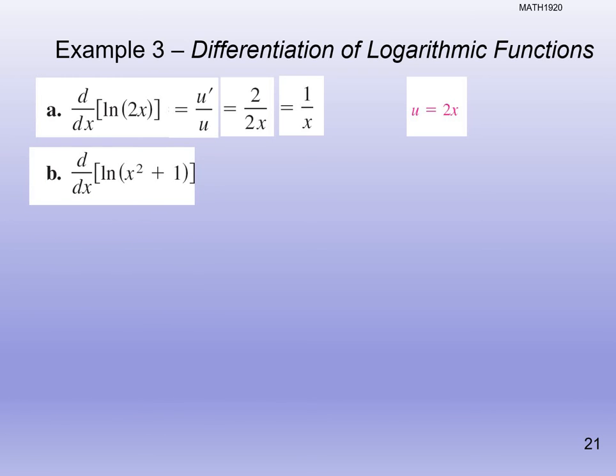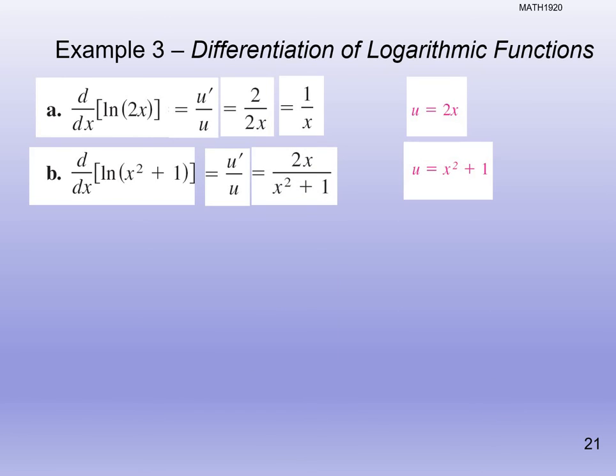If we want to take the derivative with respect to x of the natural log of x squared plus 1. Well, u equals x squared plus 1, right? Du equals 2x. So it's really going to be 2x over x squared plus 1. You'll find that these end up being fairly simple. We just have to make sure we identify u correctly.